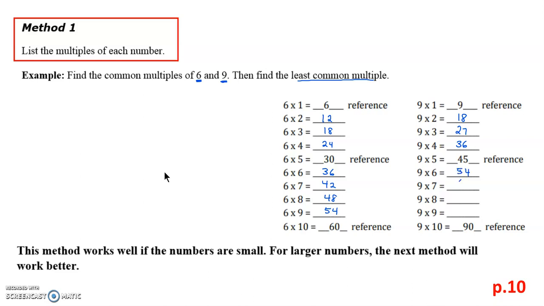And you're going to see that you have a few multiples that are matching here. So we have 18 that are common, 36 are common, and 54 are common. The lowest common multiple or least common multiple is 18.